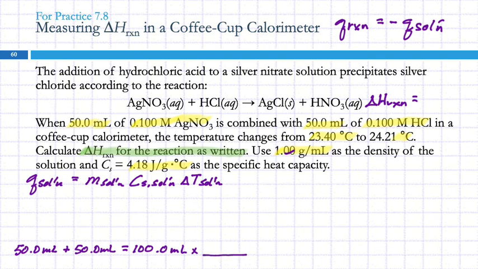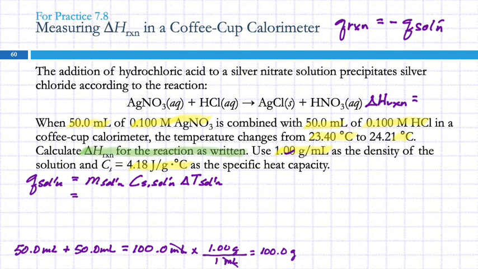So I want mass, I have milliliters. I'm going to multiply by grams and divide by milliliters so the units work out. So much less thinking this way. They gave me the density, 1.00. That's the number of grams per 1 milliliter. And so in this instance, it's the same. So there's the mass of the solution.